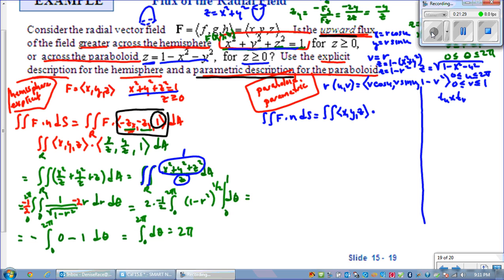Okay, t sub u cross t sub v. First, t sub u will be negative v sine of u, v cosine of u, 0. T sub v will be cosine of u, sine of u, and negative 2v.